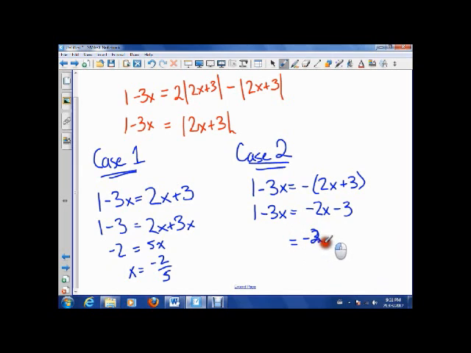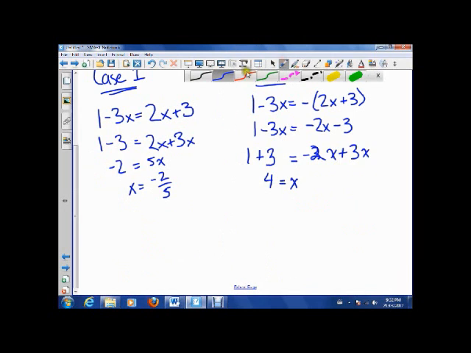So I have negative 2x plus 3x, and I have 1 plus 3. So I've got 4 is equal to negative 2x plus 3x, which is x. So I've got x is equal to 4. Okay, so we have x is equal to 4 and x is negative 2/5.